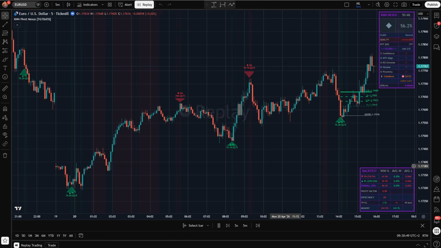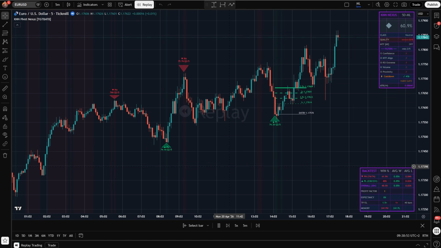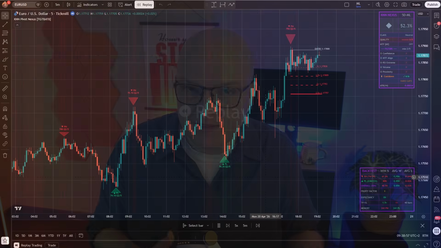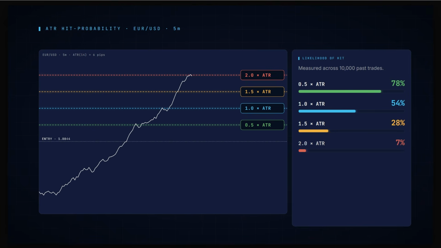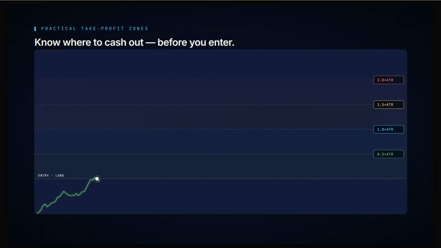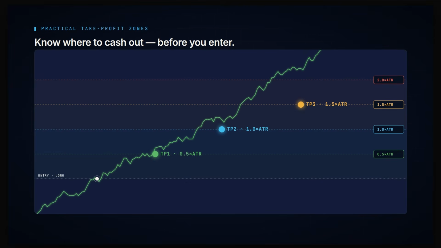For each signal, we want to check if a reversal formed within 2 times the pivot length, because a price reversal after a pivot high within, let's say, 20 bars makes more sense for trading than within the next 200 bars. On top, we want to measure the likelihood of price hitting certain ATR thresholds such as 0.5, 1.0, 1.5 and 2.0, because this will give us practical information about potential take-profit zones.